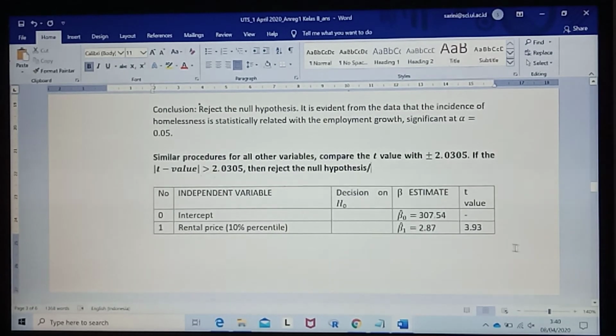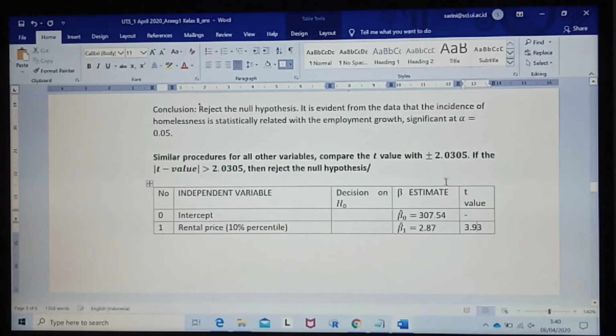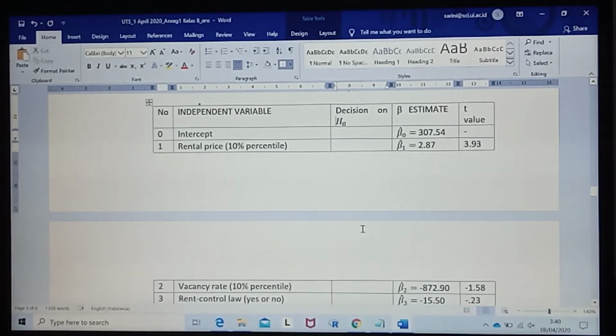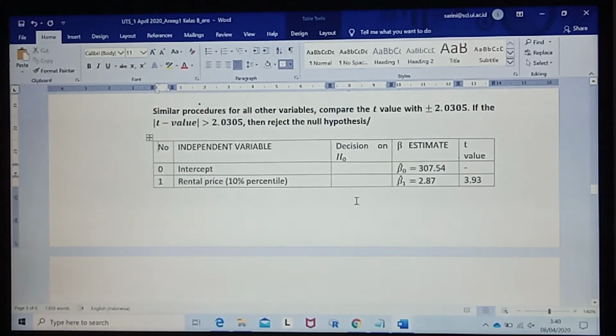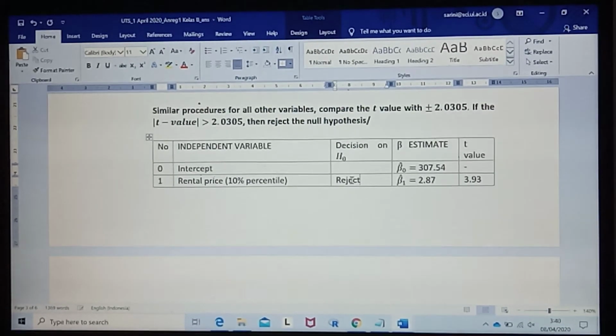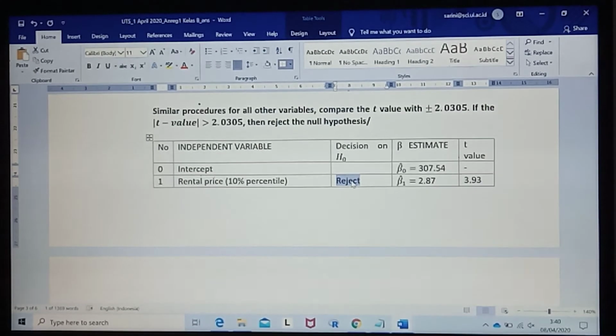Just compare the value of t here with 2.0305. So in here we just ignore the intercept. There's no use of testing the intercept. Here we have 3.93 greater than 2.03, so we reject the null hypothesis.